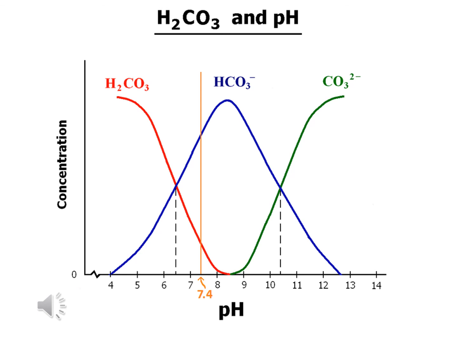Phosphate has a small contribution to it, and albumin, the blood protein, has a small contribution to it because there's acid and base on the surface of proteins, but those are not anywhere near as significant as the bicarbonate buffer, which comes from the dissolved CO2 coming from metabolism in your tissues.